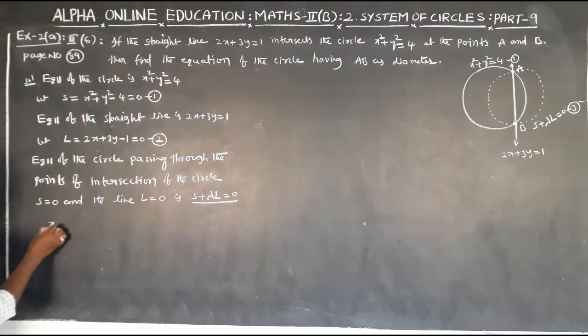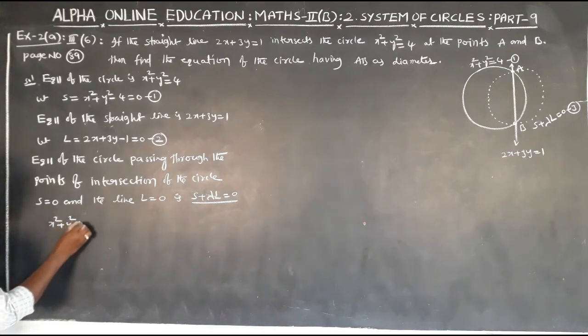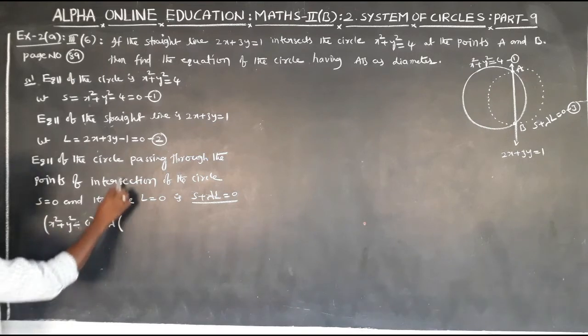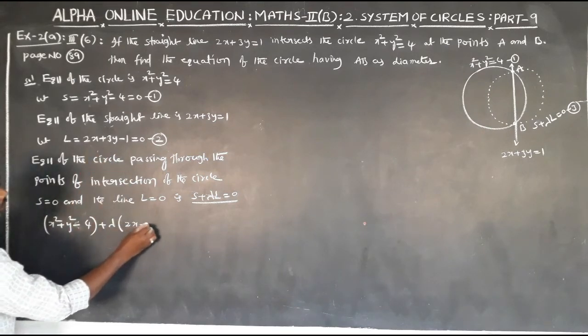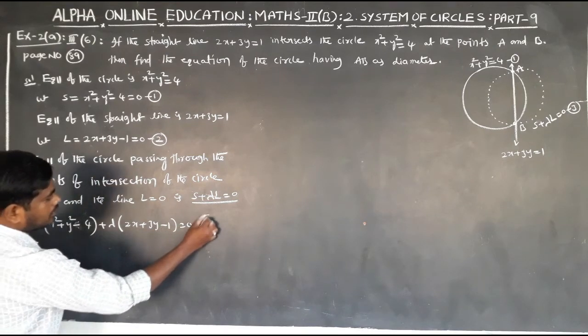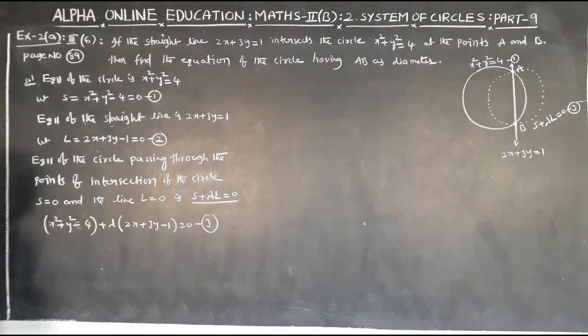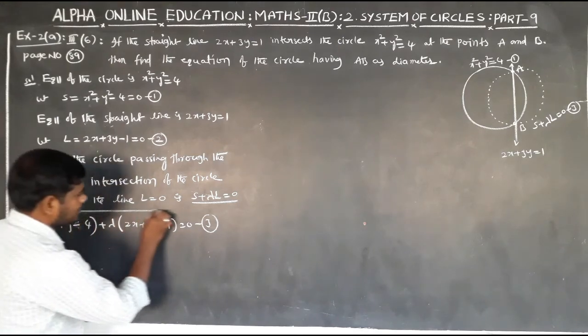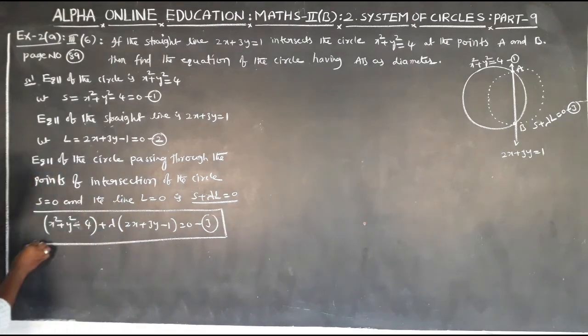That means x square plus y square minus 4 plus lambda into (2x plus 3y minus 1) is equal to 0 is the required equation of the circle.